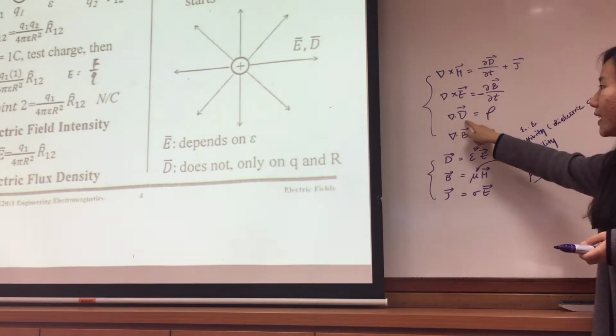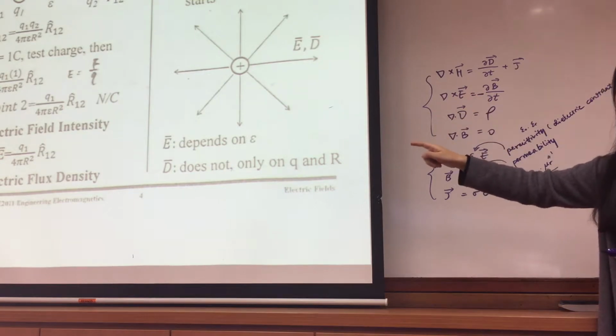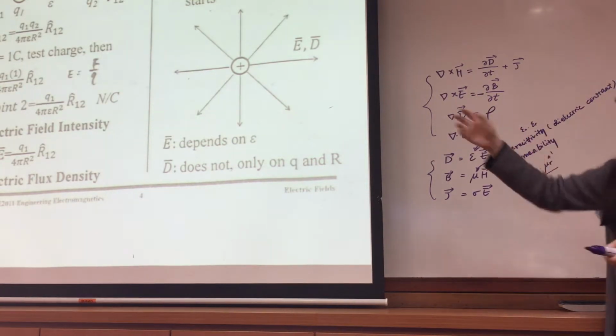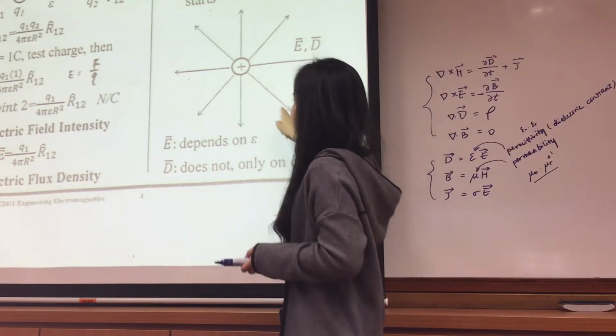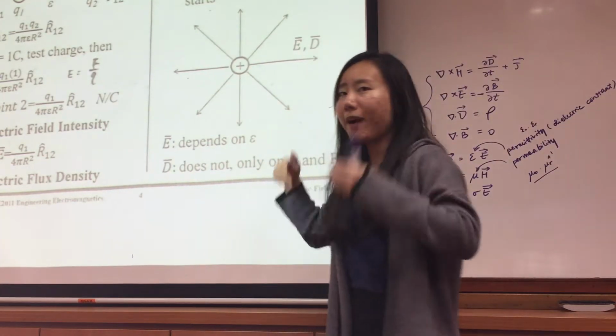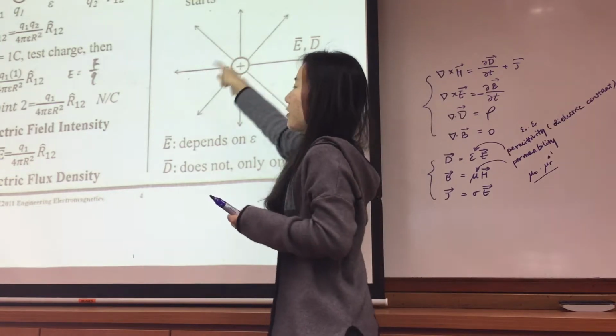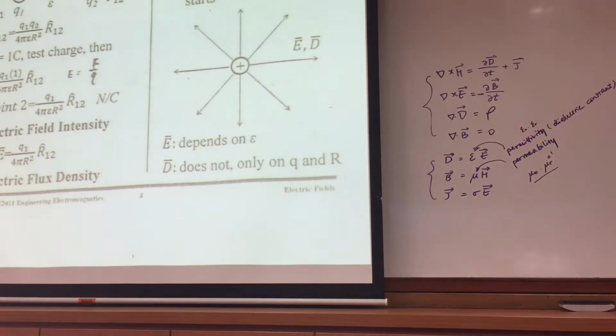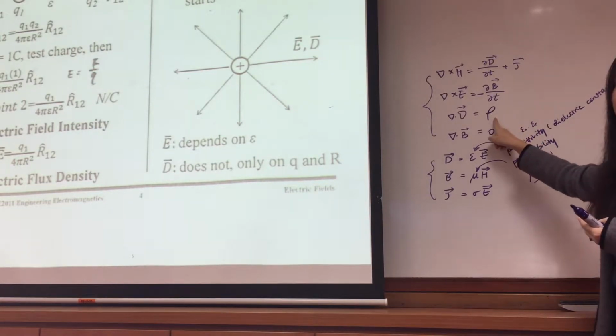But the divergence of D, the electric flux density, equals charge. That means if you have a charge here, right? Everything is pointing outside. There's nothing coming back. Then if you have a closed surface, you will find there is a charge inside your closed surface. That is the reason why you have a charge density over here.